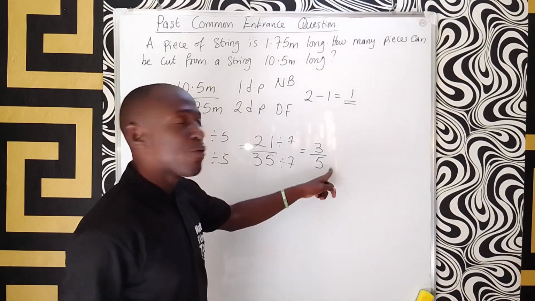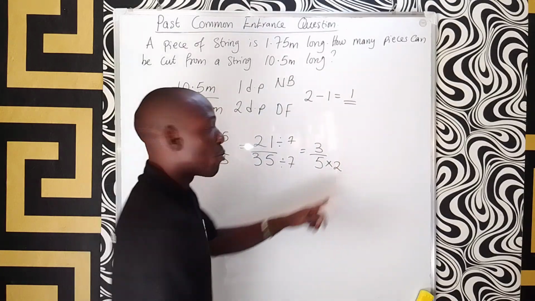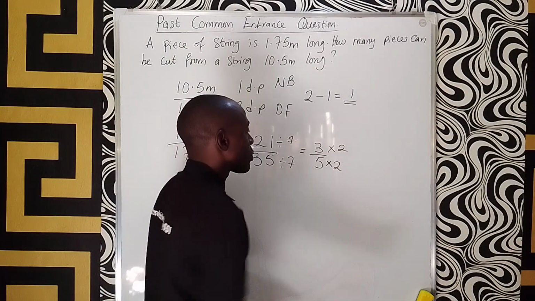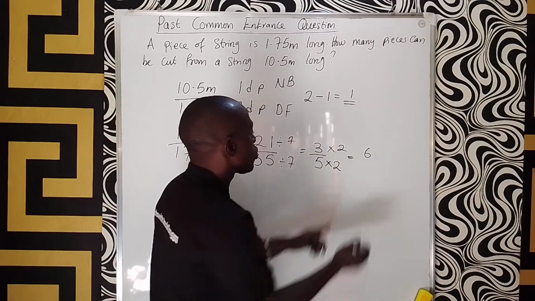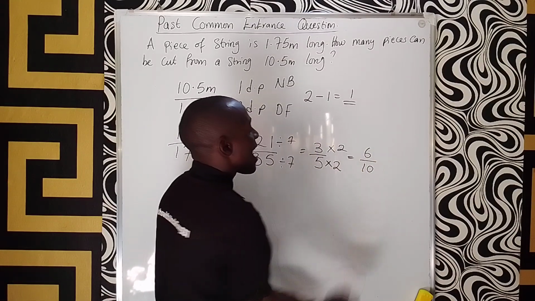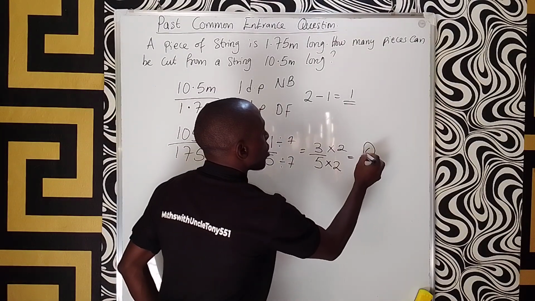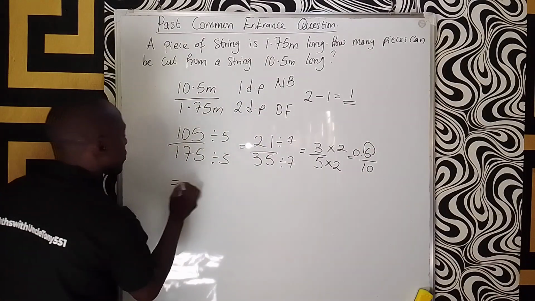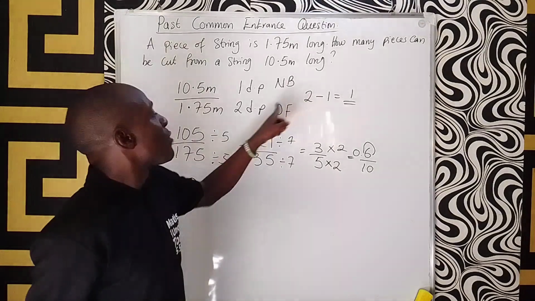Obviously, it's 2. Whatever you do to the denominator, you must do to the numerator. 2 as well. So 3 times 2 will give us 6. 5 times 2 will give us 10. I can easily move my decimal point. I'm moving once. So we have 0.6.